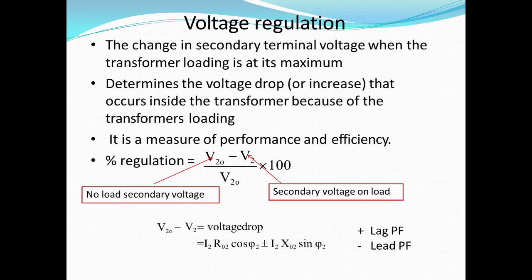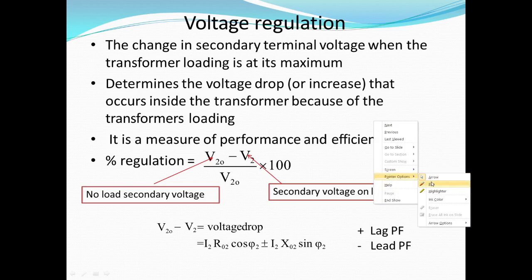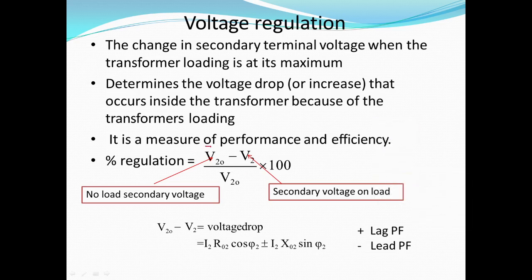Mathematically it is given as (V20 minus V2) upon V20. That is, the secondary voltage under no load condition minus the secondary voltage of the transformer at load condition, upon the no load voltage.